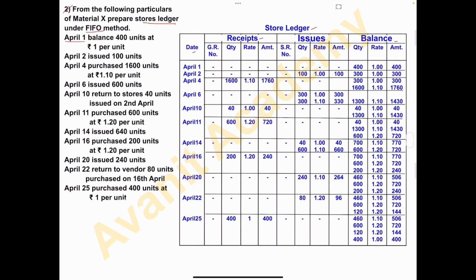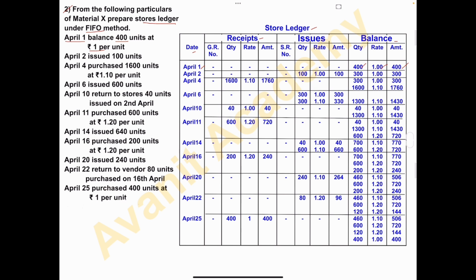There is a balance of 400 units at rupee 1 per unit. This balance will go in the balance column. April 1st, write in balance, quantity 400 units, rate per unit is rupee 1 and the amount will be 400 rupees. And close this.